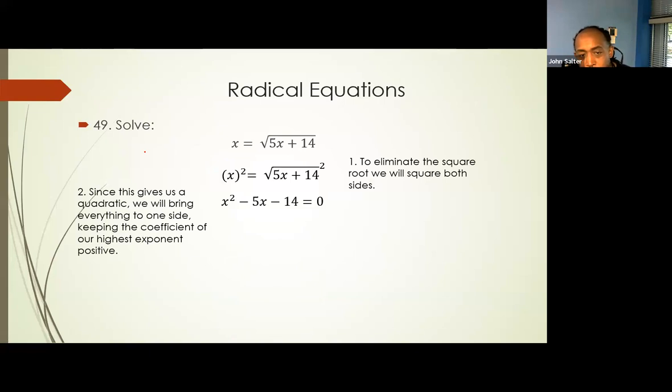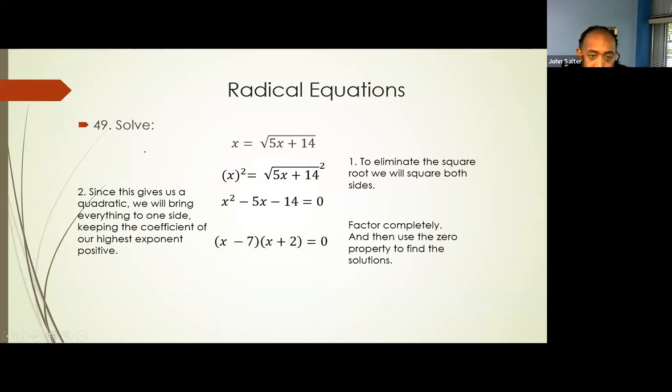I get a quadratic if I do that. So I could factor it, or I could use the quadratic formula. In this case, I'm just going to factor it. Set each of those binomials equal to 0 and solve for x. So what can x equal? x can either equal 7 or -2.